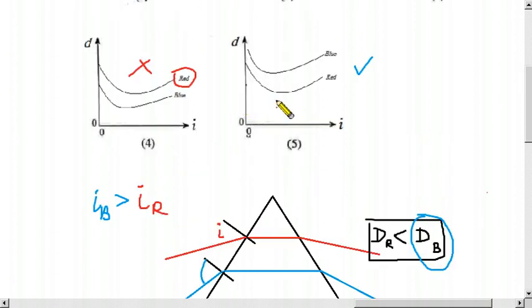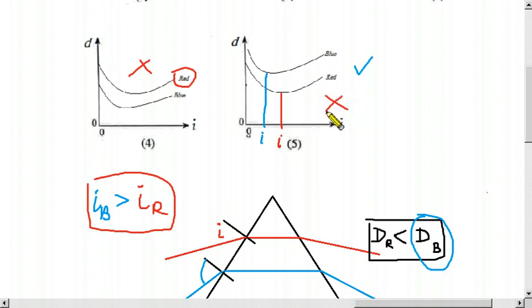So in this graph, the I value at the capital D place, the minimum deviation point, of red is this one, I red. So our condition is this one. I red should be smaller than I blue. So here I is greater, so therefore this one is wrong.